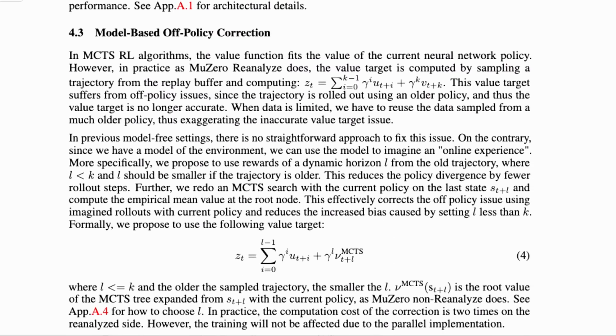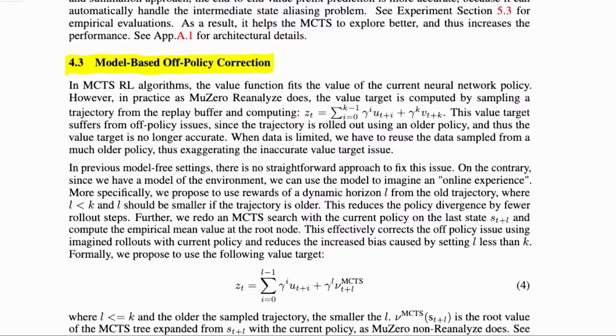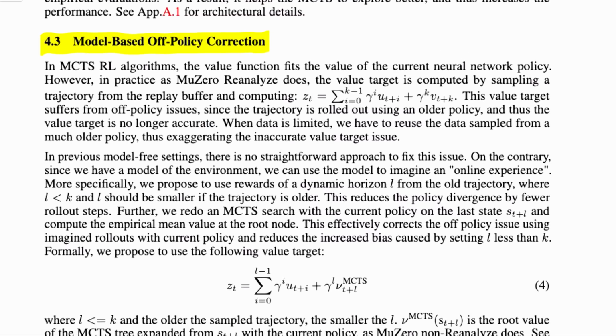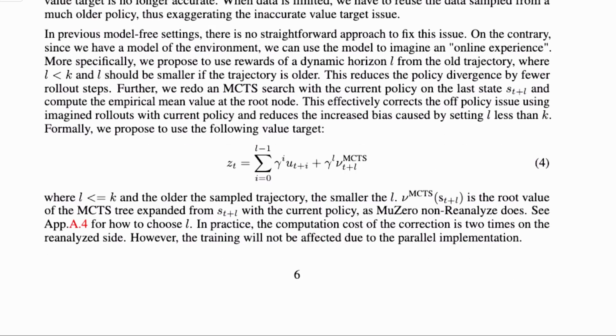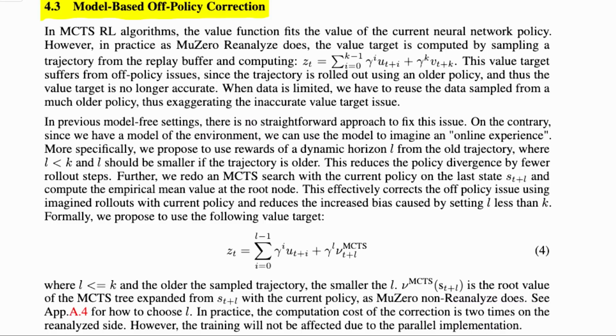The third thing is the model-based off-policy correction. So, this one is a little bit more tricky, but essentially, we can read a bit through it to see what it does.